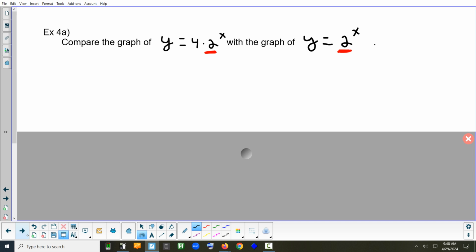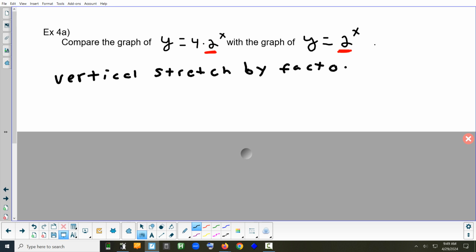Vertical stretch by factor of 4. Yes, vertical stretch by factor of 4. Perfect, that's exactly what you need to say. Why didn't we put reflect over the x-axis? Because it didn't do that. Yeah, this one doesn't do that because it's not negative. There's no negative in front of the 4, so we don't write that. So we just write vertical stretch by factor of 4.